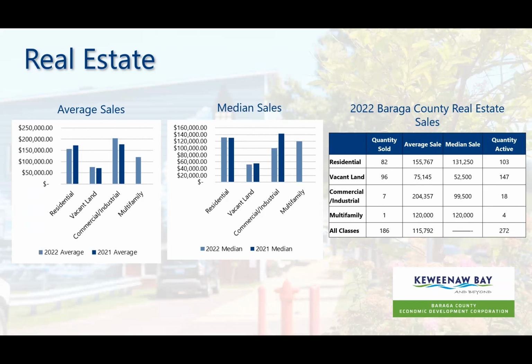The residential section saw a significant reduction of number of sales, and that's most likely just due to the inventory just not being available. The housing market crisis is a national issue, and we're hoping it will level out in the next couple of years, but this isn't just Baraga County. This is something that we're seeing across the entire country.